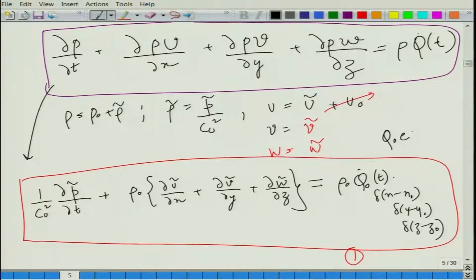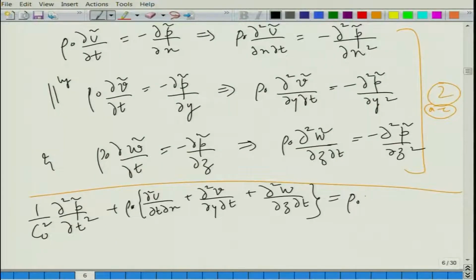So, I would put this as e j omega t. So, here we get j omega q naught e j omega t minus this thing.